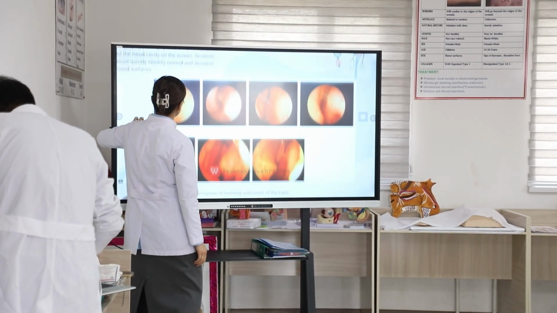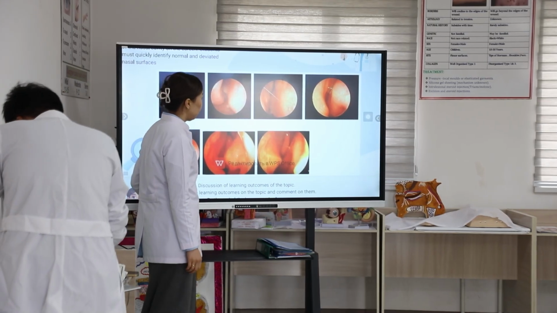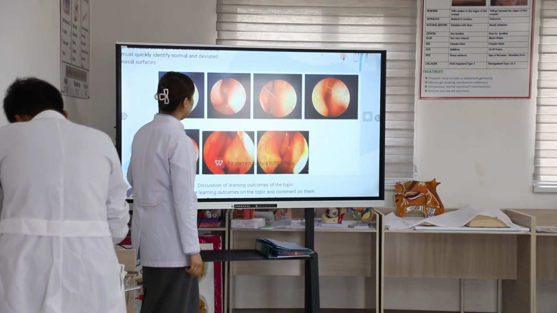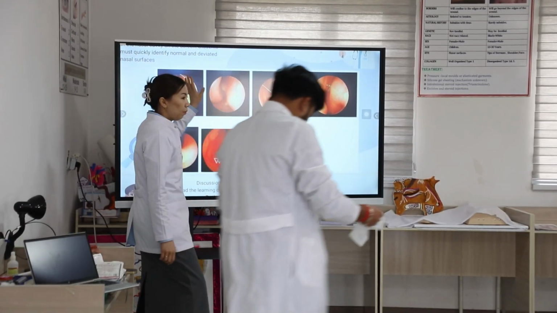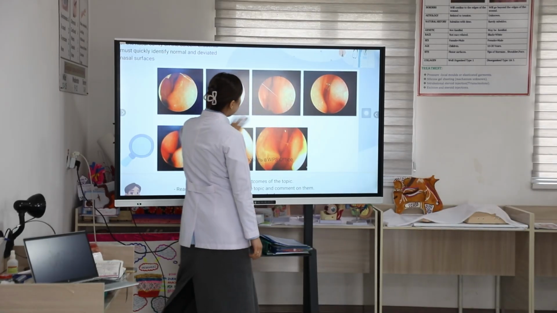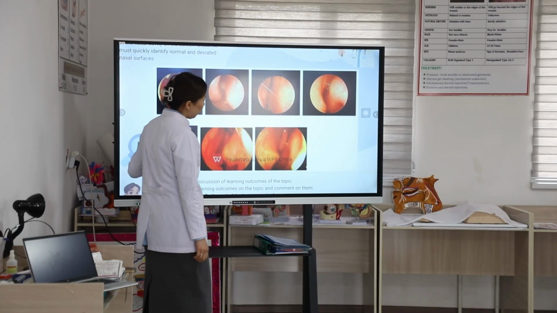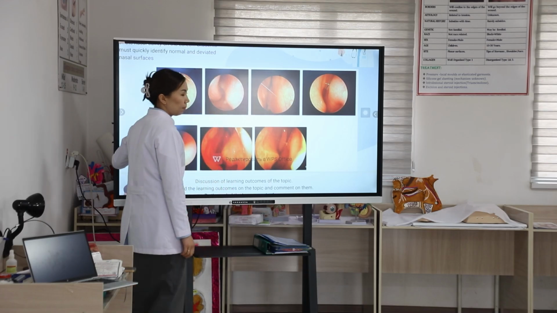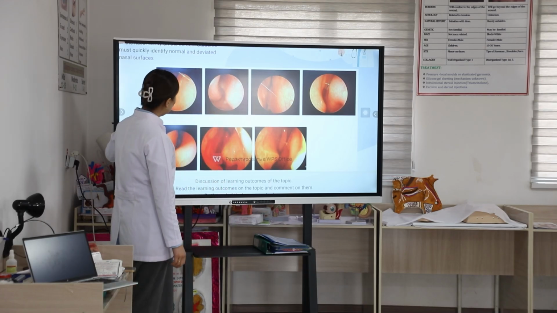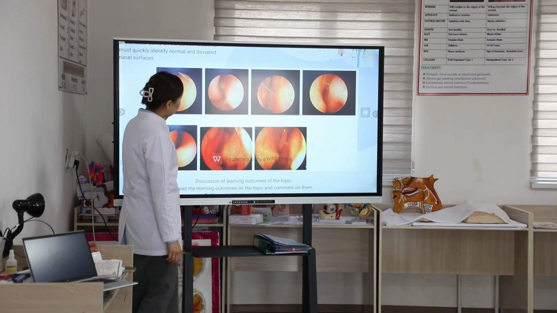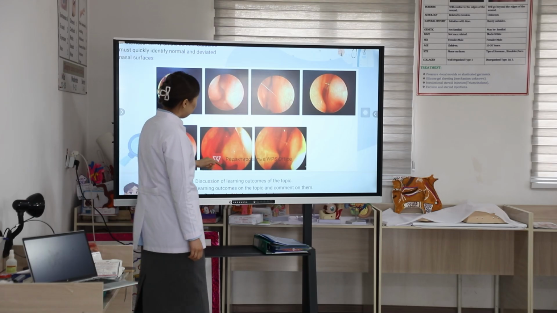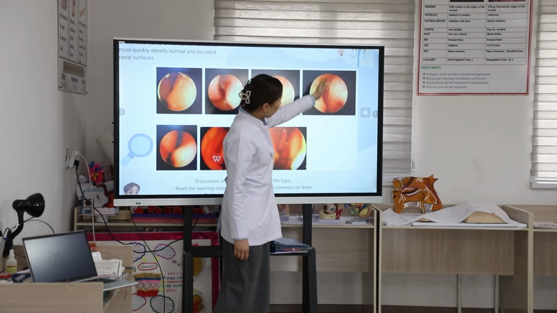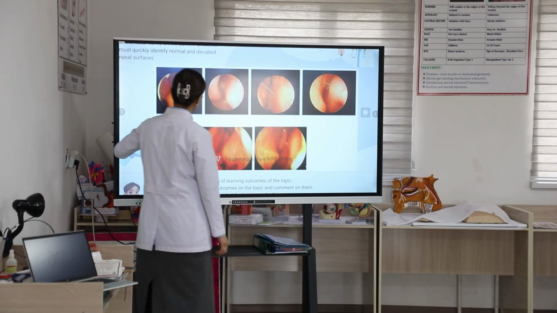Look at the pictures, what can you see? This is the endoscopic picture of the nose, yes? And you can find the normal picture and some problems. What do you see there? Okay, that's good. Hypertrophy of the inferior concha. Yeah, hypertrophy of the middle concha.